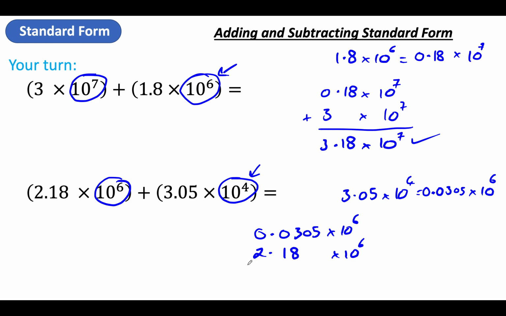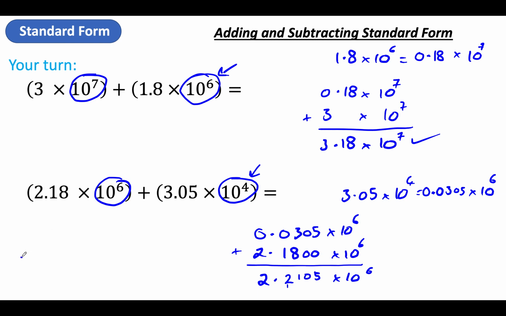Now I know some people, when they're adding numbers like this, adding decimals, they like to fill in with some placeholders, so we could do a bit of that to make it a bit easier. Now we know that the 10 to the power of 6 is going to stay the same, so let's add these two numbers. 5 and 0 is 5, 0 and 0 is 0, 3 and 8 is 11, so I'm just going to carry the 1 over. 0 and 1 is 1, but add that 1 as well to get 2, and 0 and 2 is 2. 2.2105 times 10 to the power of 6.